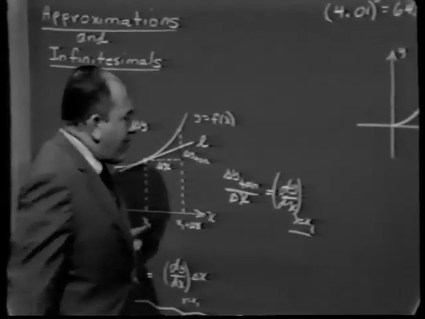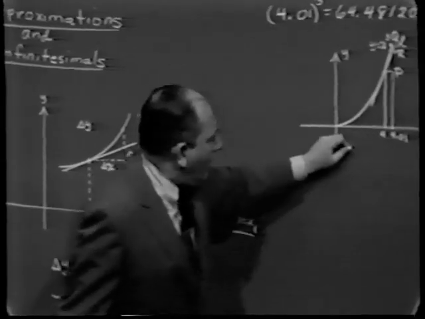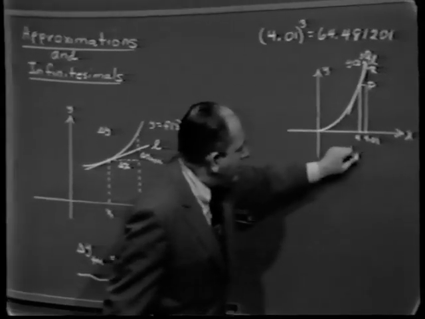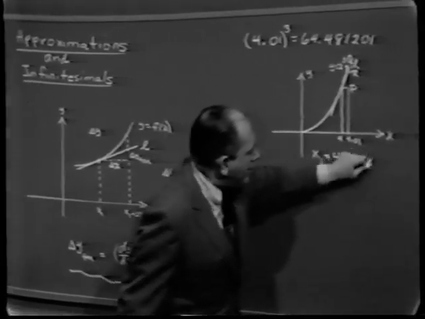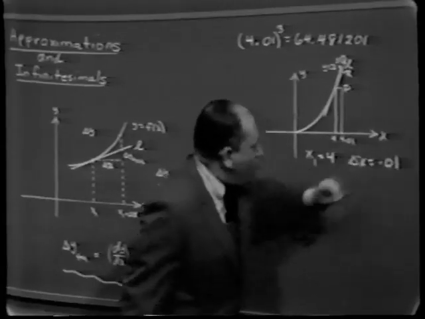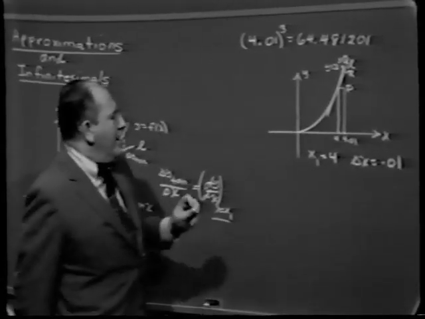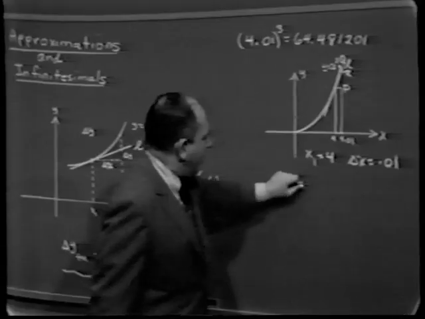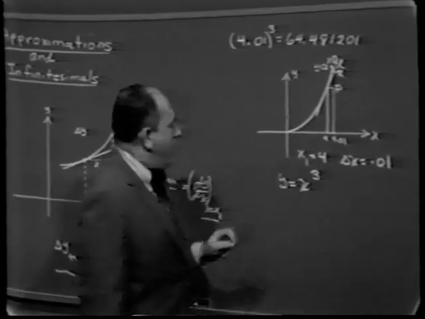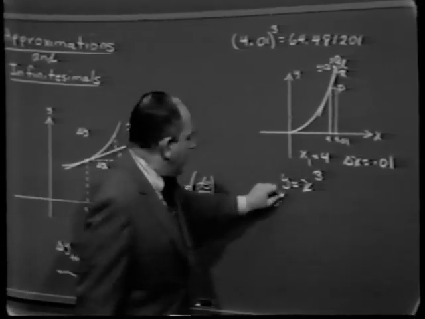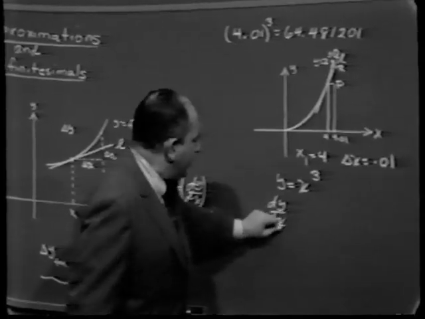You see, I'm going to take x1 to equal 4 and delta x to be 0.01. Now you see, the curve is y equals x cubed. From this, I can compute dy dx rather quickly.